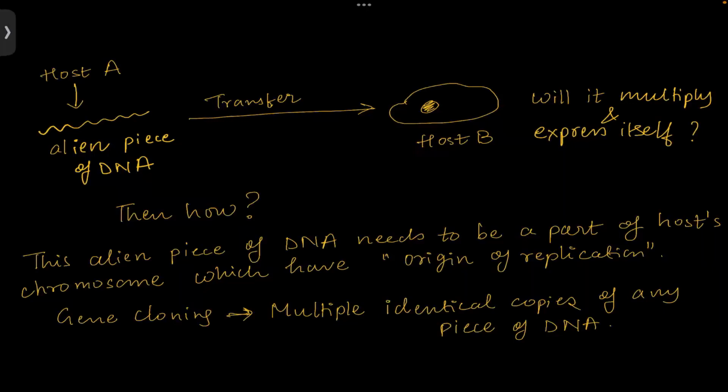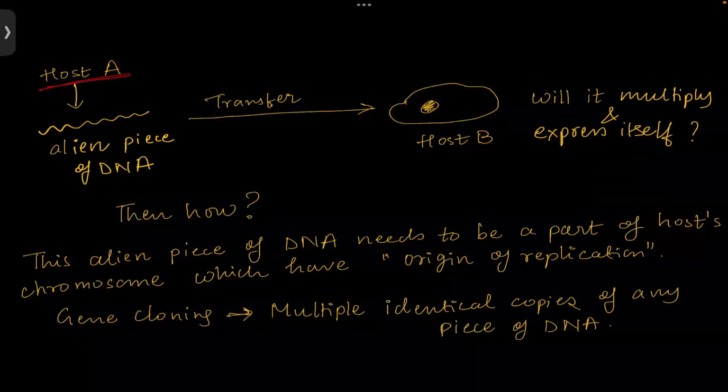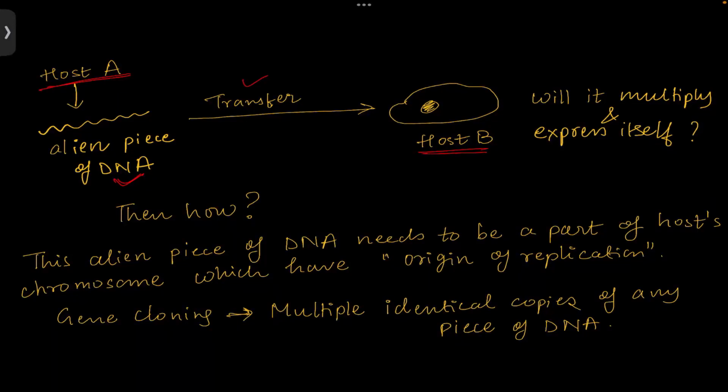So what one does is first identify an organism which has the gene, or the piece of DNA, that codes for a desirable characteristic. This is the alien piece of DNA that they have isolated from host A. Then using some steps, they transfer it into another host, that is host B. Now, this alien piece of DNA is something foreign for host B, right?